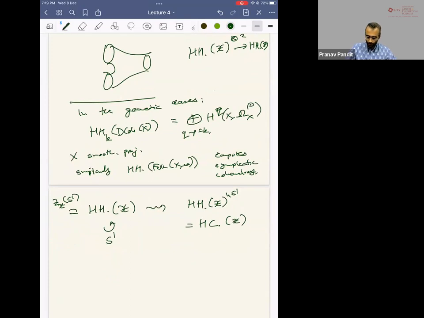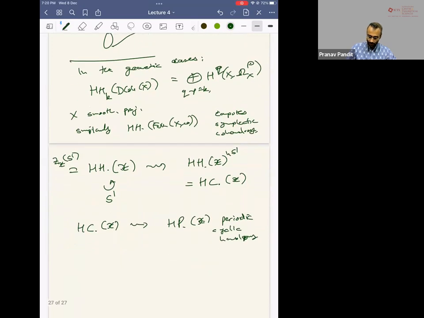Okay. And from the cyclic homology, you can produce something called, I don't want to define it precisely. It's not hard, but maybe people will get bored. From this, you can produce something called HP of X, which is the periodic cyclic homology. I won't give the formal definition, but it's just some easy algebraic construction applied to cyclic homology.